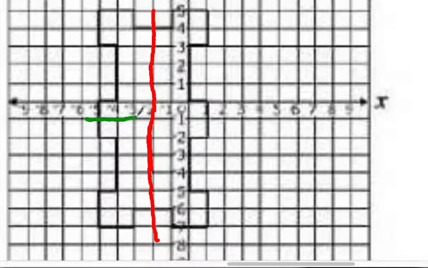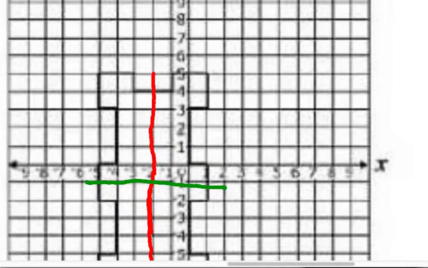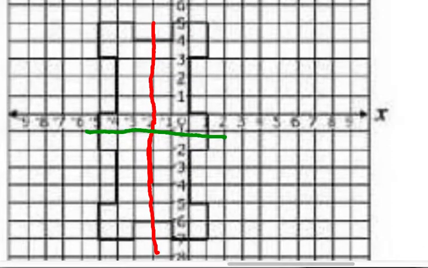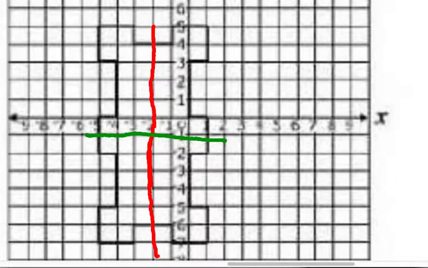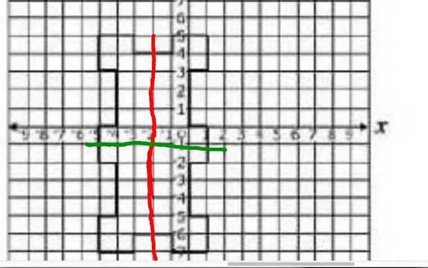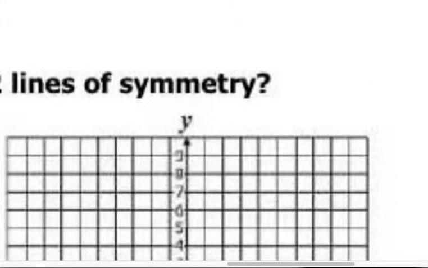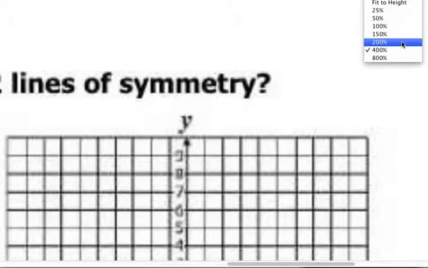Is that a line of symmetry? Did I do that right? Let me zoom back out of here. Oh, I did 400. No wonder I couldn't see anything.